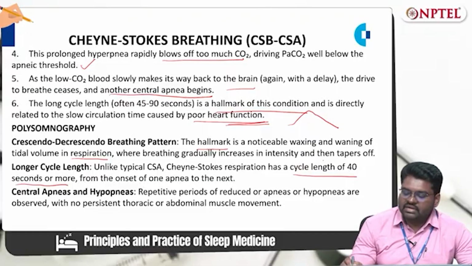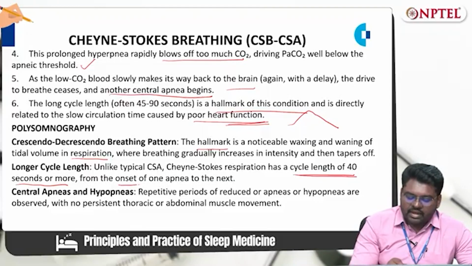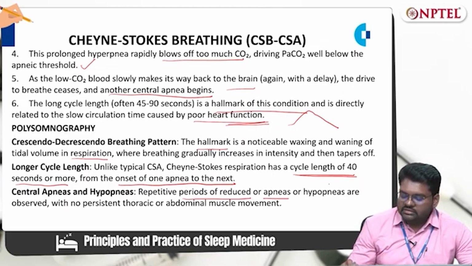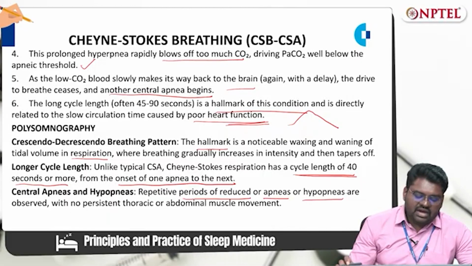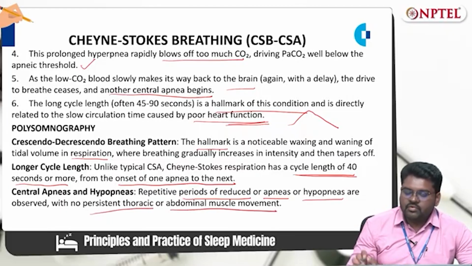This is very important. Cheyne-Stokes respiration will have a cycle length of 40 seconds or more from the onset of one apnea to the next apnea. Central apneas and hypopneas, repetitive periods of reduced breathing, are observed with no persistent thoracic or abdominal muscle movement.